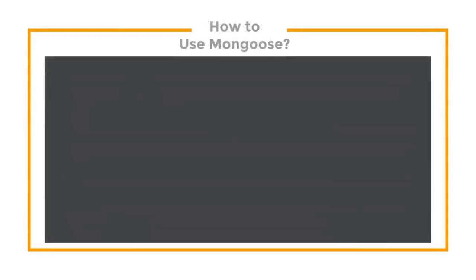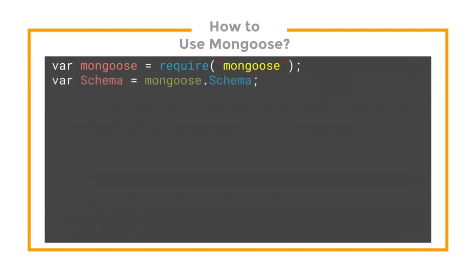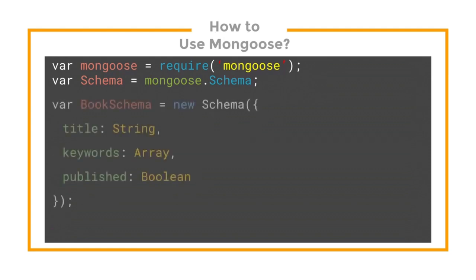How do we use Mongoose? First, we require in the Mongoose module. Next, we set a variable reference to a Mongoose schema. And then we create our schema. Now, in order to use our schema in other files, we need to create an instance of the schema.